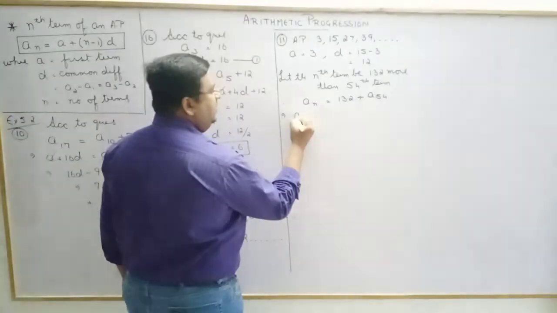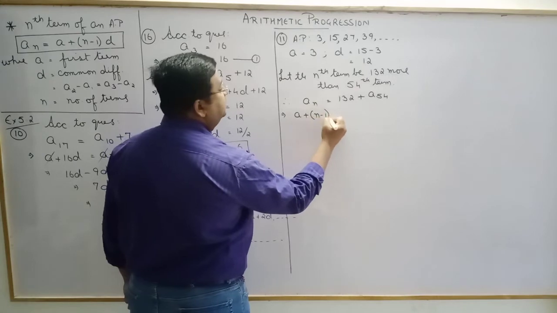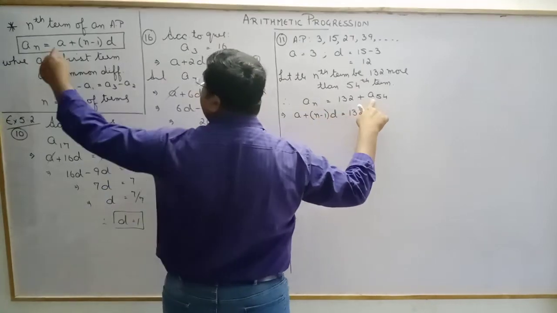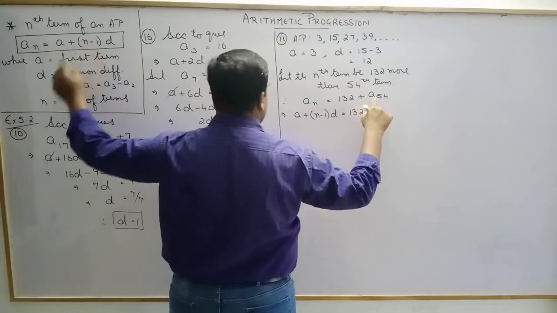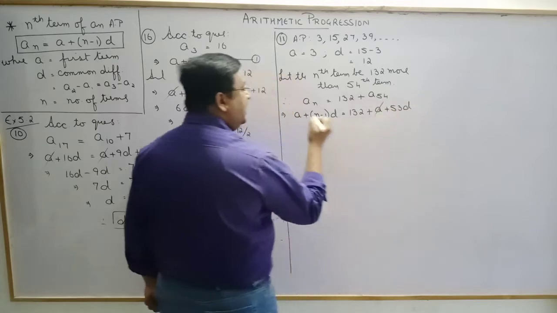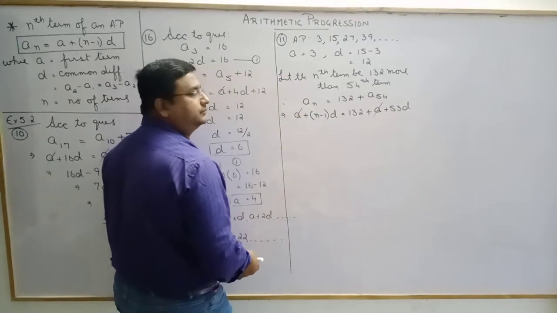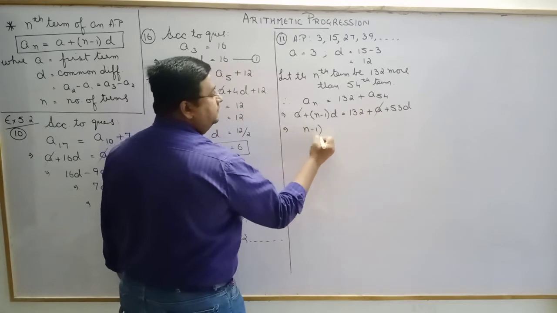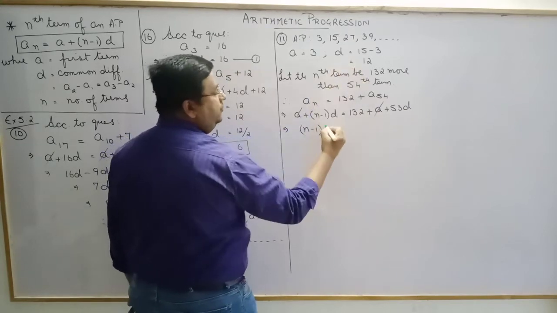An, A plus n minus 1 into D, is equal to 132 plus A54, which is A plus 54 minus 1, A plus 53D. A and A cancel. We have D, so substitute. N minus 1 into D, how much is D? 12.